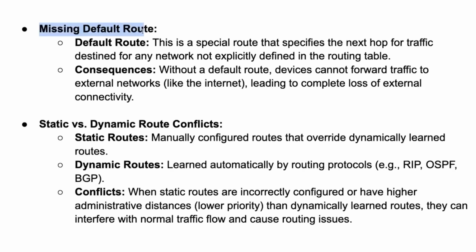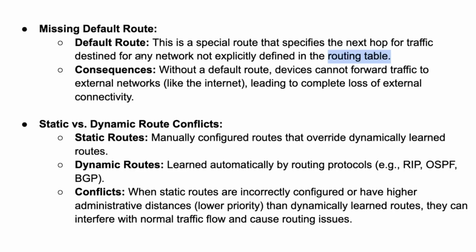The next problem would be that the default route is missing. The default route is a special route that specifies the next hop for traffic going to any network that's not explicitly defined in your routing table. So let's say you have a list of networks in your routing table where the next hop is already predetermined, right?